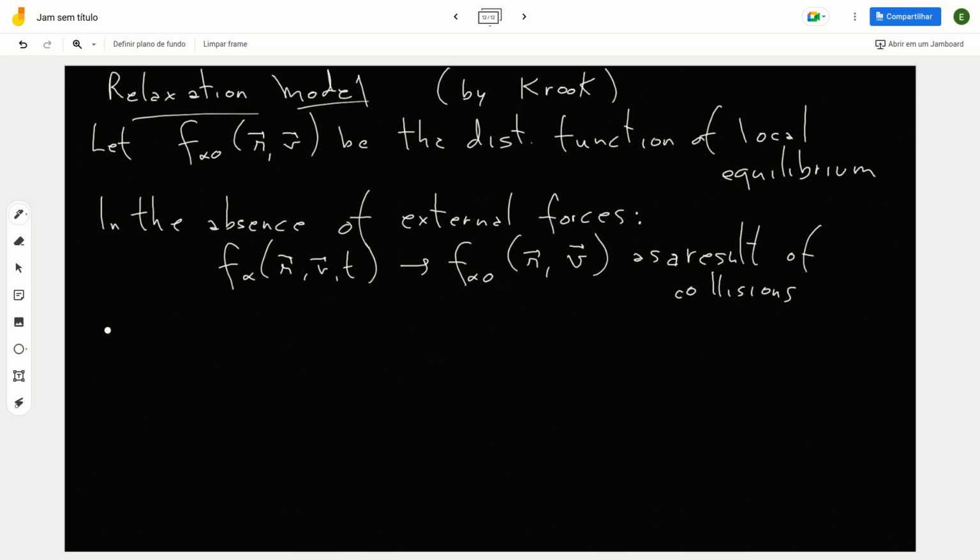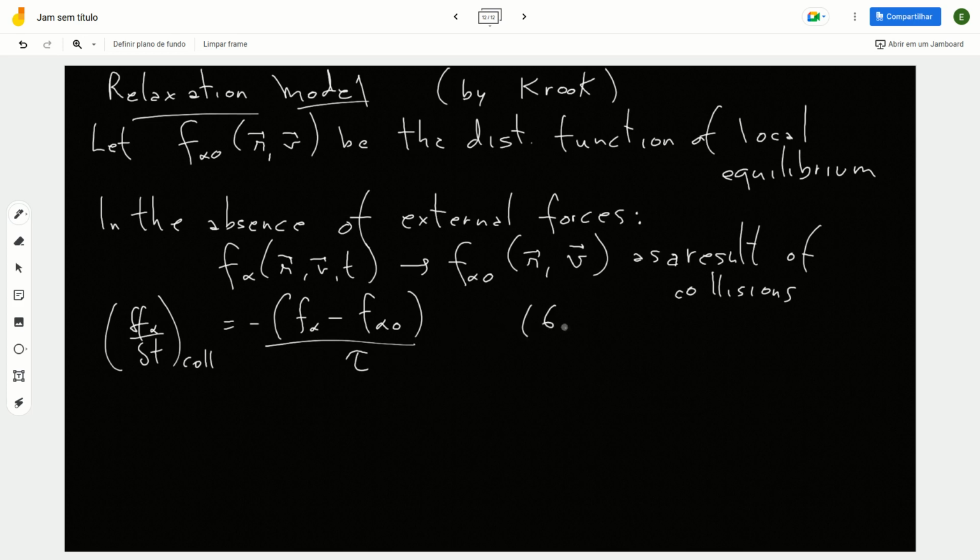So in this model, you may write the collisional term like this: minus (f alpha minus f alpha naught) over tau. So this is perhaps the simplest possible form for the collisional term.